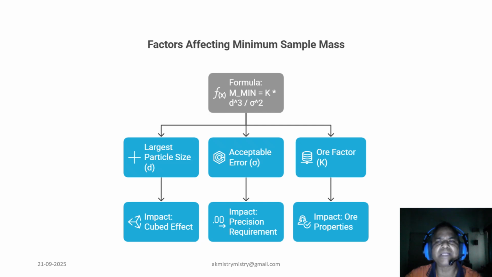A small error demands more material. It's very clear. And third is the ore characteristic, which is very vital and important. Some ores require more sampling due to their mineral makeup. These three variables drive the math behind this formula.